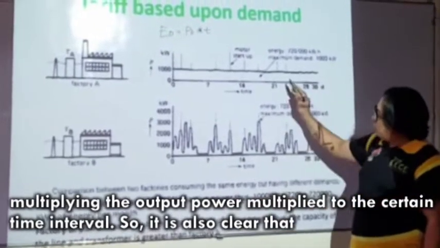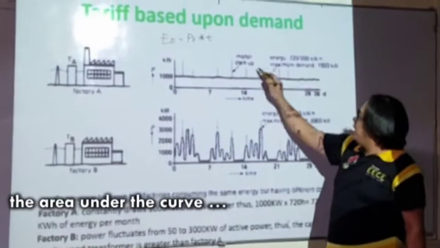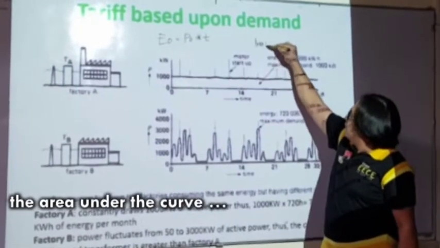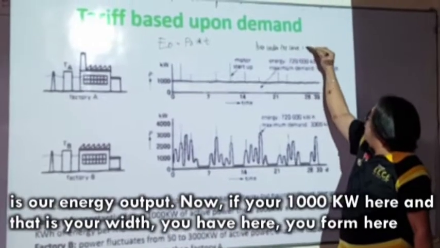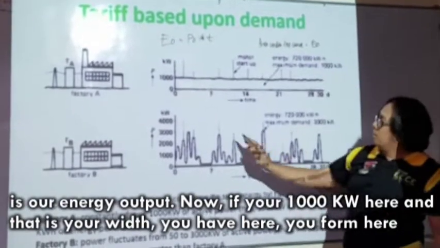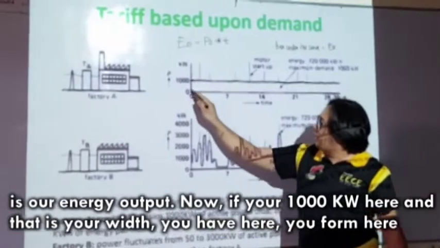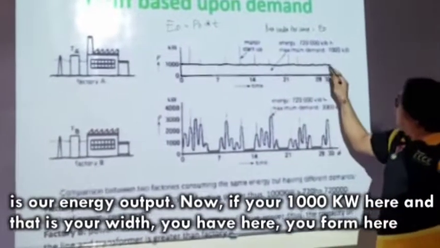So it is also clear that the area under the curve is our energy output.